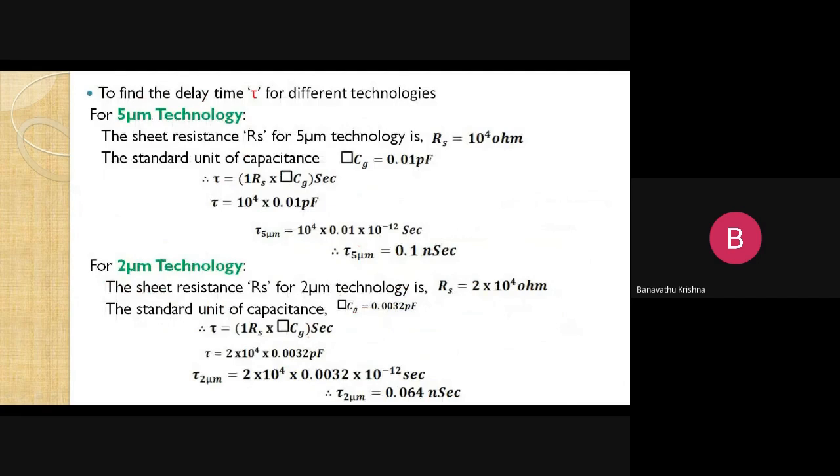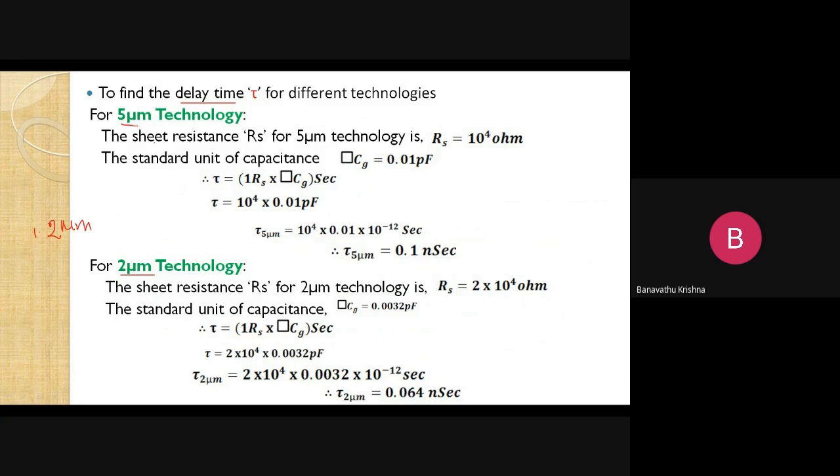Also, let us calculate the delay unit for various technologies. We know the technologies are 5 micrometer technology, 2 micrometer technology, and 1.2 micrometer technology, right? I want to calculate the delay unit for 5 micrometer technology.